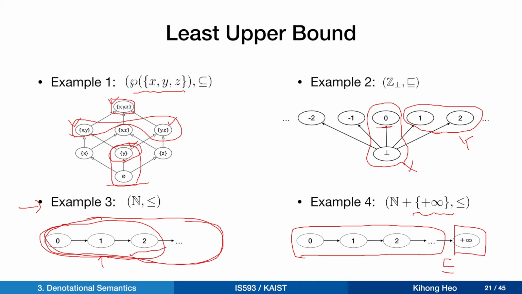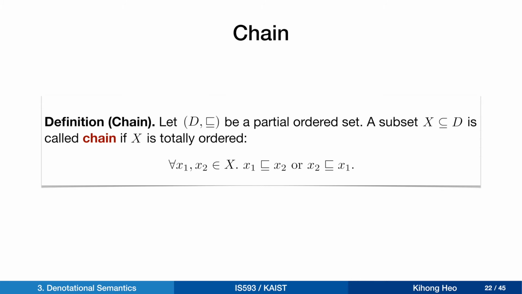Okay, the next thing we will talk about is chain. So for a certain partial ordered set D, a subset X of D is called a chain if X is totally ordered. Okay, totally ordered means that we can enumerate all the elements according to the order, which is a stronger condition than partial order.